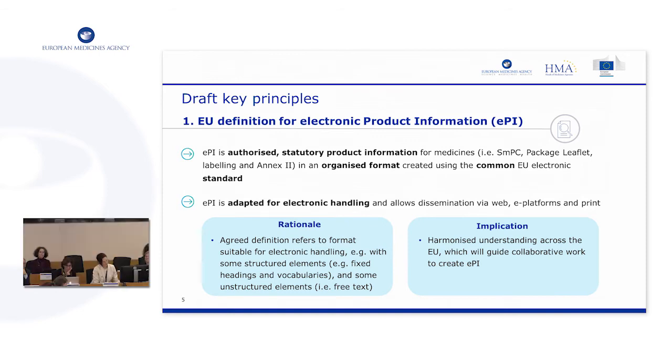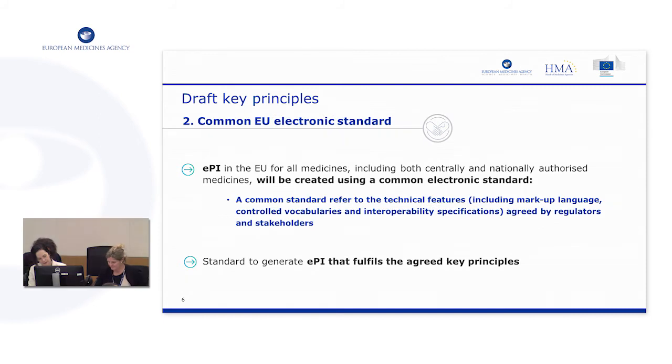Juan? So, the second principle is the common EU electronic standard, and we moved it to the very beginning of all the key principles because we feel it is really relevant, and it repeats what had been said before, specifically in Libby's presentation. The proposed definition is that the electronic product information, including for all medicines, centrally and nationally authorized, will be created using a common standard.